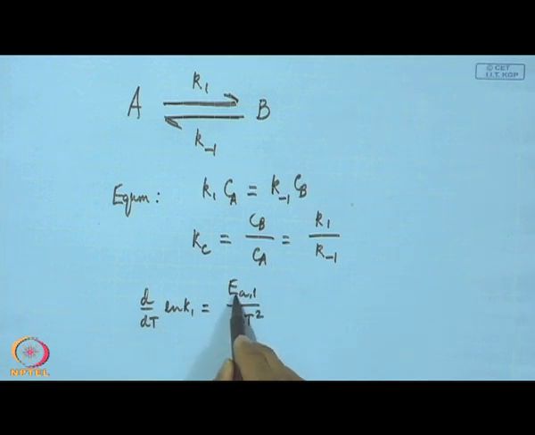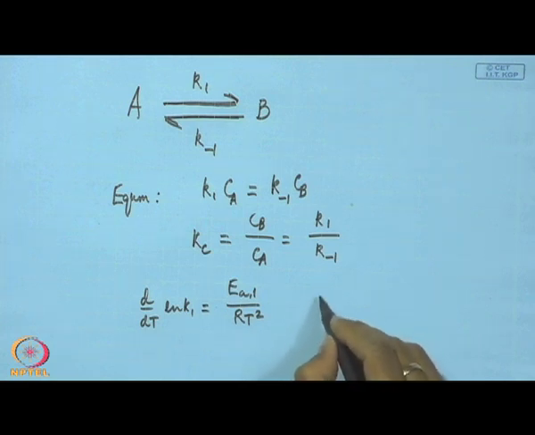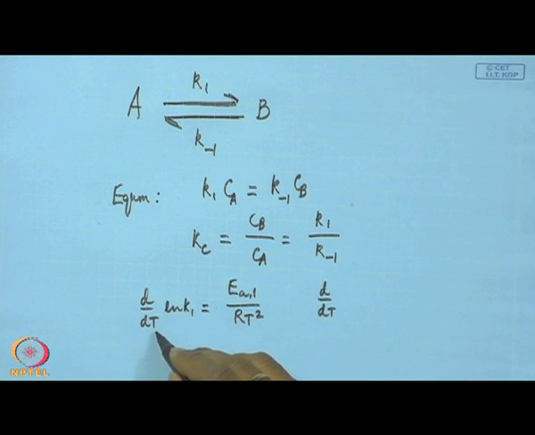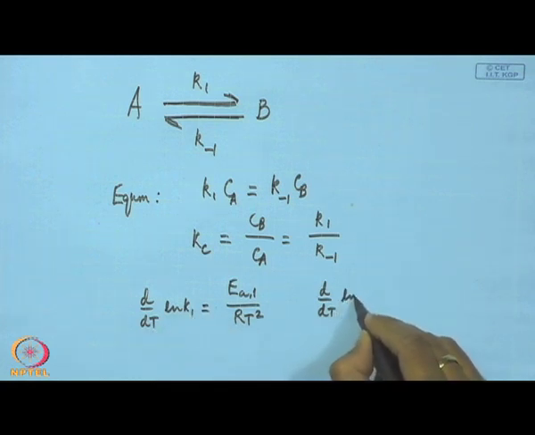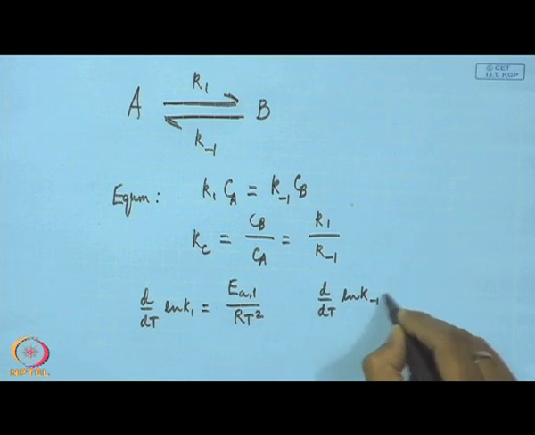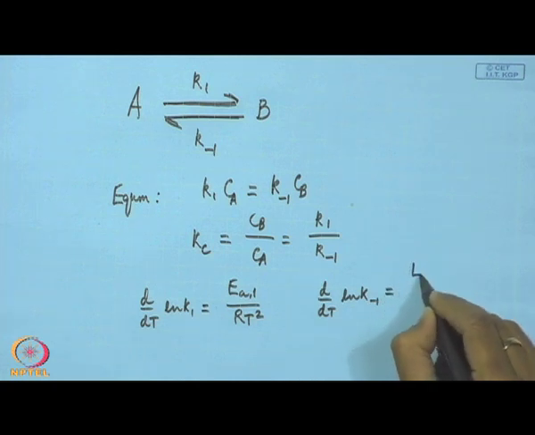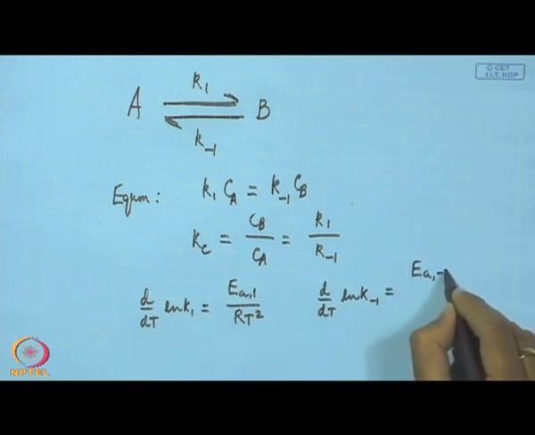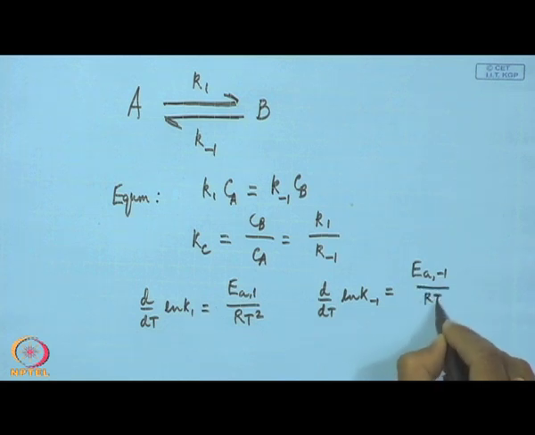EA1 means activation energy for the forward process. In the same way, the derivative form of the Arrhenius equation, d/dT of ln K minus 1 is equal to EA minus 1 by RT square. Okay.